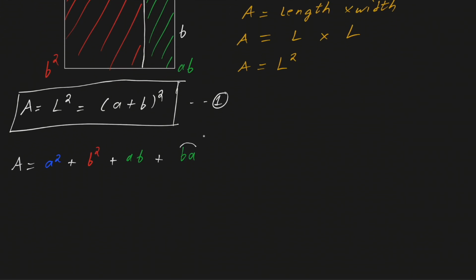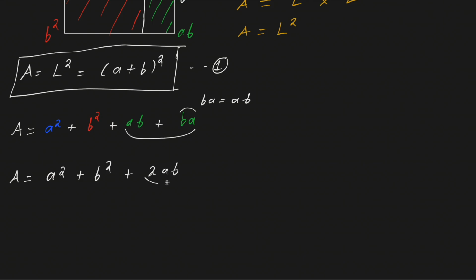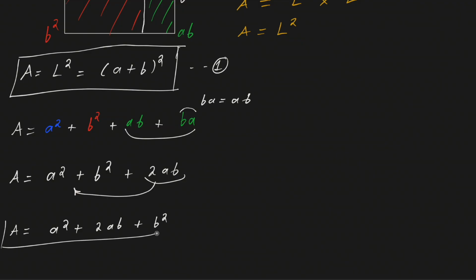Remember that ba equals ab, since they're both just numbers, the order of multiplication doesn't matter, and we can combine these two expressions to get the area is equal to a squared plus b squared plus 2ab, and we can move this 2ab here and rewrite the equation as a squared plus 2ab plus b squared. That's our second equation. Box it up.